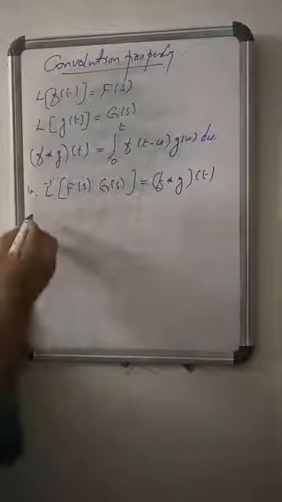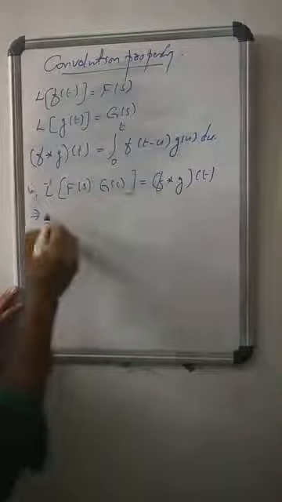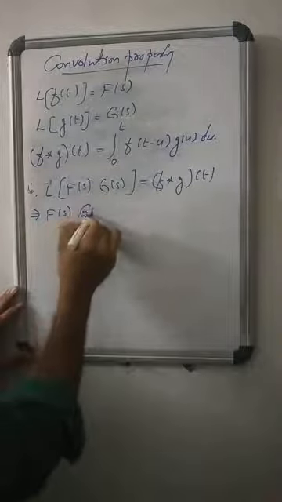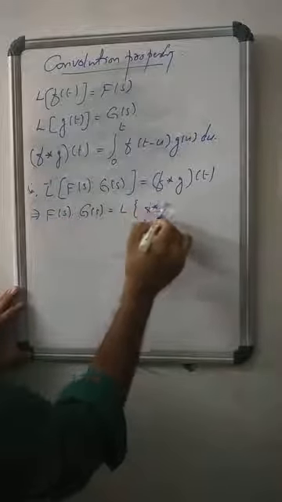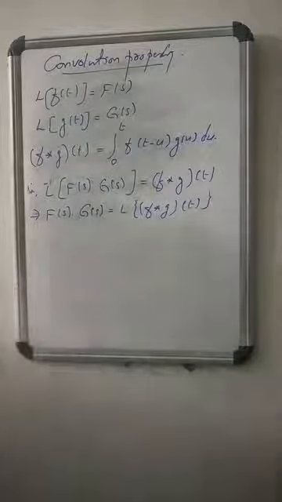So from here, F of s into G of s is the Laplace of f star g of t. So this is the convolution.